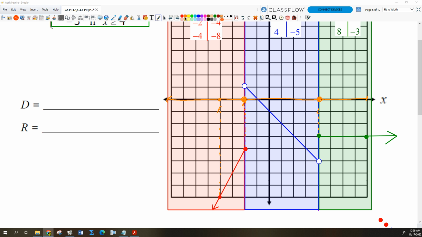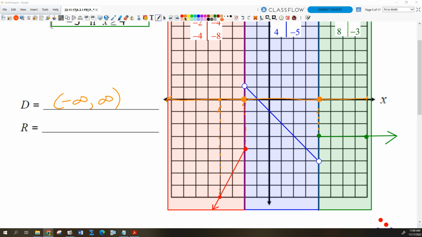We got all reals. There were no gaps in that. Every x value, the ant always has a place to stand. There's no x value where he doesn't have a place to stand on this thing. So the domain then is all reals. Give me 1 to 5 on that. It's tricky stuff, isn't it? We're sort of getting there, though, I think.